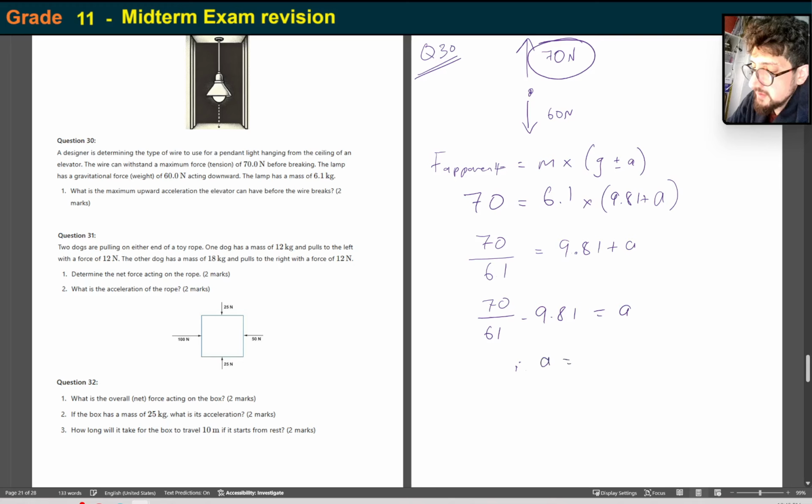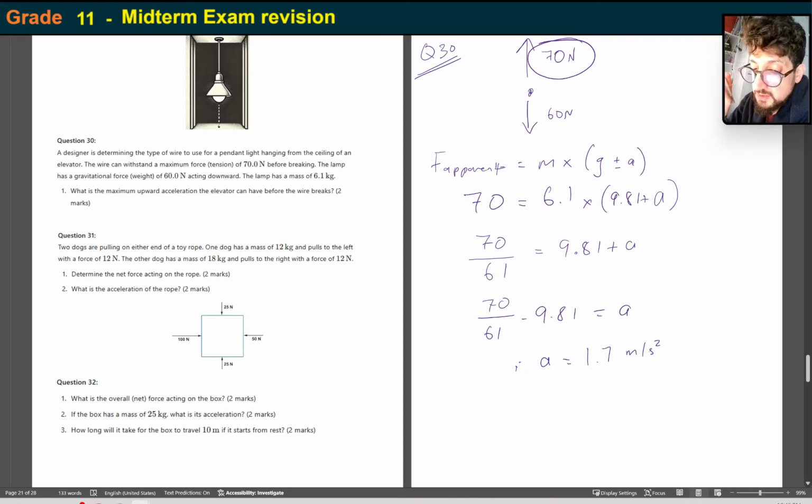Therefore a is equal to 70 divided by 6.1 minus 9.81. And so the maximum acceleration is approximately 1.67, or 1.7 meters per second squared. Okay, that's how you do that.